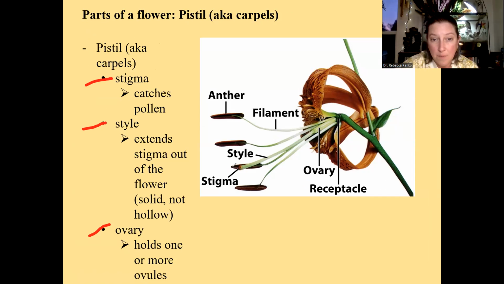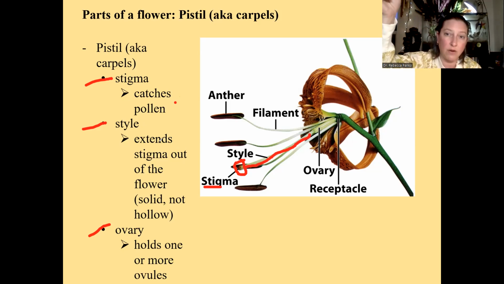The stigma, you can see right here, just this little tip, is the stigma. The job of the stigma is to catch pollen. The stigma is attached to this long thing called the style, and the style's job is to hold the stigma out of the flower. The style is a solid structure, not a hollow tube.